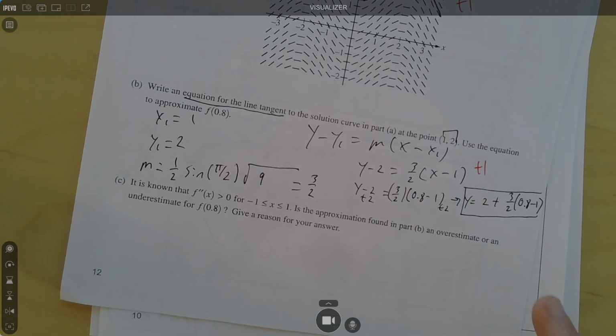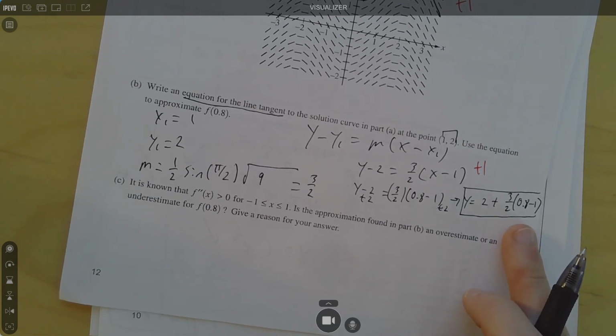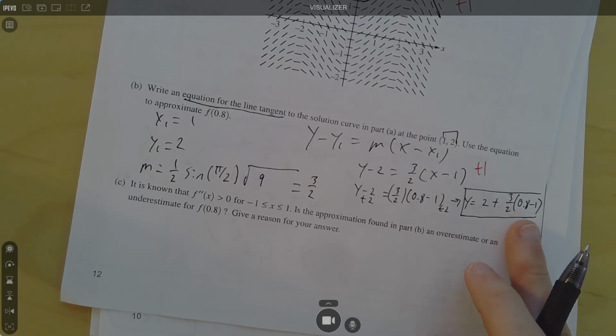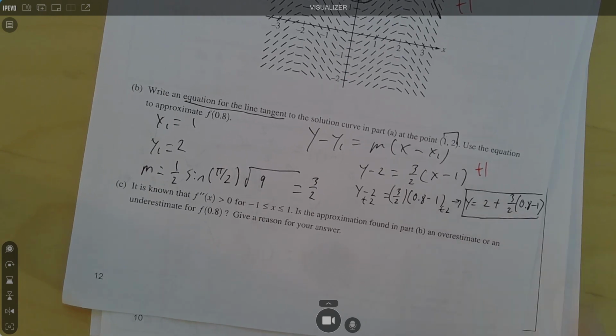You would get, so that's negative 0.2, right? Negative 0.2 times 3/2 is negative 3/10. So this is 1.7.